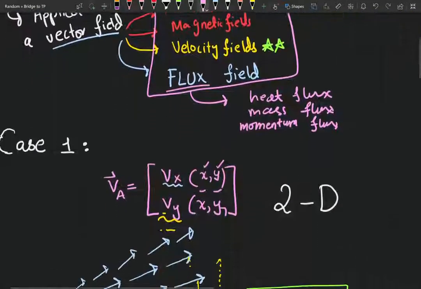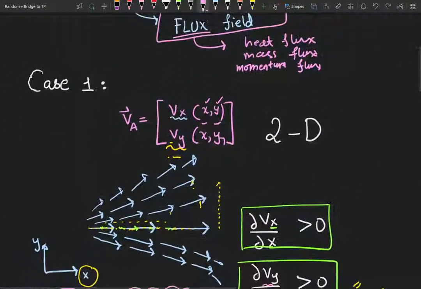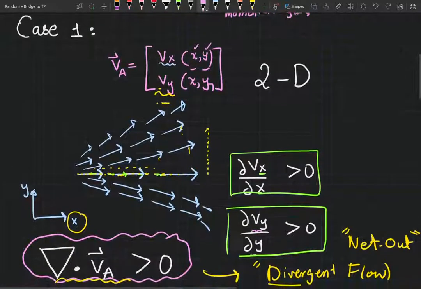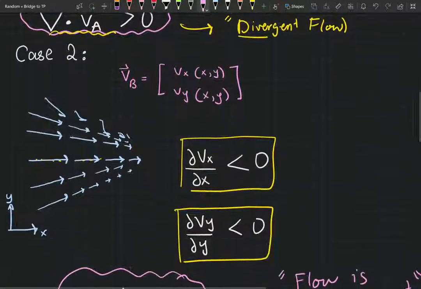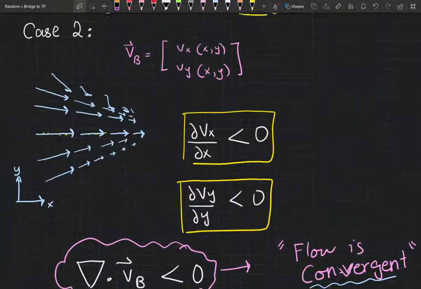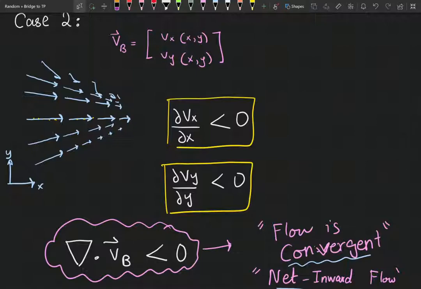In case 1, I tried to show you what a divergent flow would look like. There's going to be a net outwards flow in this field. As you can see, the blue arrows get bigger in the horizontal direction and they get steeper as you go in the positive y direction. The flow is diverging. In case 2, we had the opposite: convergent flow.